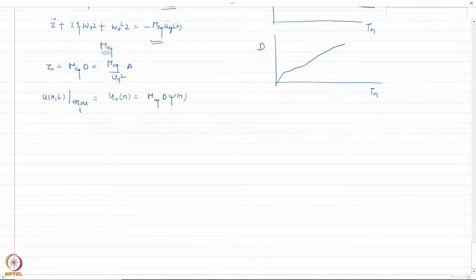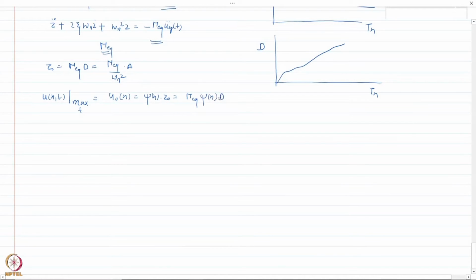Basically all I'm doing is writing down this one as phi x, or instead of doing that, let me just do this. This would be equal to phi x times z naught. And what is z naught here? Gamma equivalent times D. So that I can write this as phi x times D.